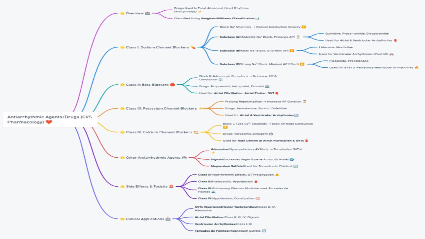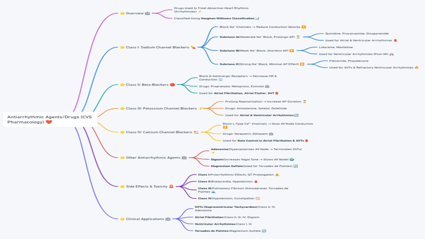Vernakalant. Well, there's limited success of highly specific drugs that target single ion channels, and the efficacy of multi-ion channel blockers such as amiodarone has shifted the emphasis in antiarrhythmic drug development to the latter class of drugs.